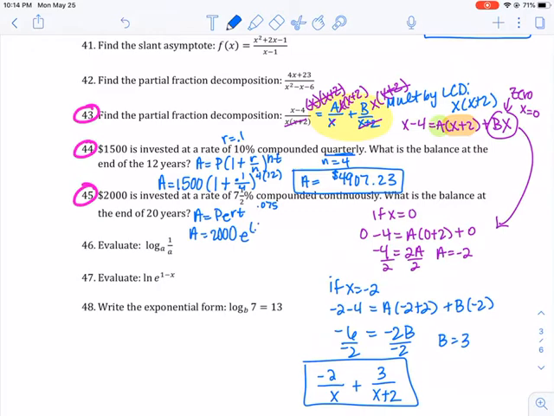Okay, so then you have 0.075 times t, 20 years. And then again, just type this in the calculator. Okay, so 2,000 times e to the 0.075 times 20 gives you 8,963.38.